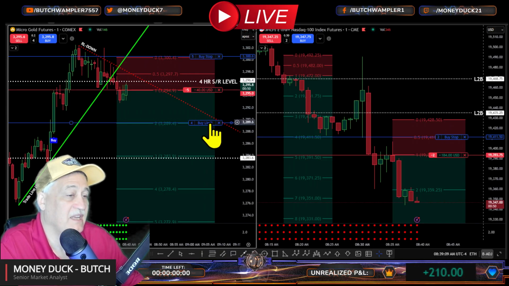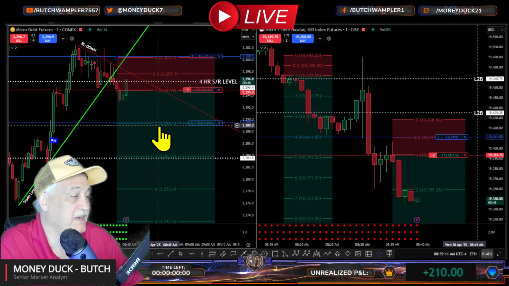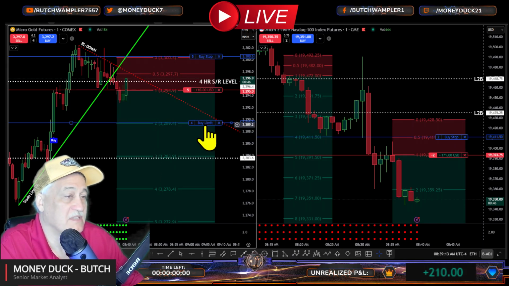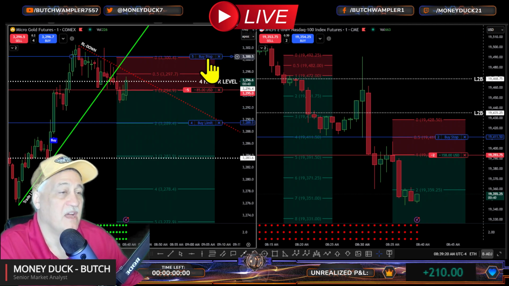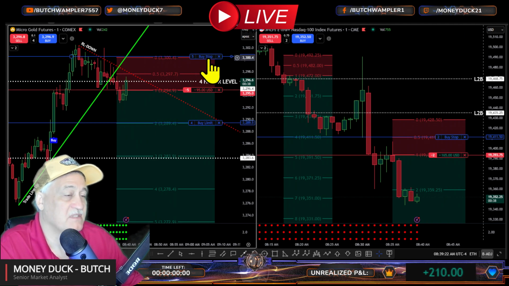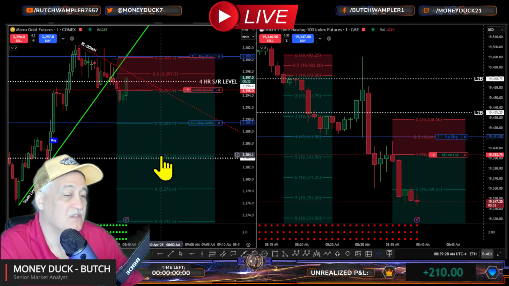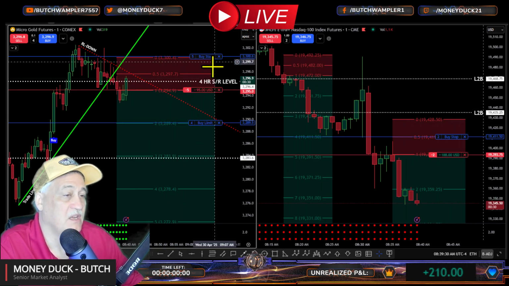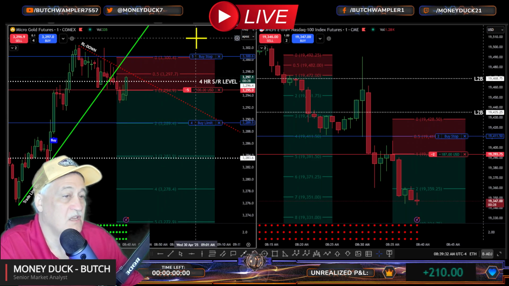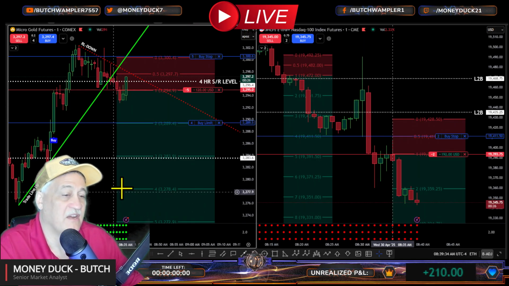So again, if it hits 1 to 1 here, level 2, it's going to close out 4 for us, forcing us to take profit. So we don't have to make that decision on the fly. And then we would adjust our stop order to match. We'd adjust it down to 1, move it to halfway. And then if it gets down here to level 3, which is 2 to 1, we would move our stop to break even. So we're pretty set up on gold just to let it flow.